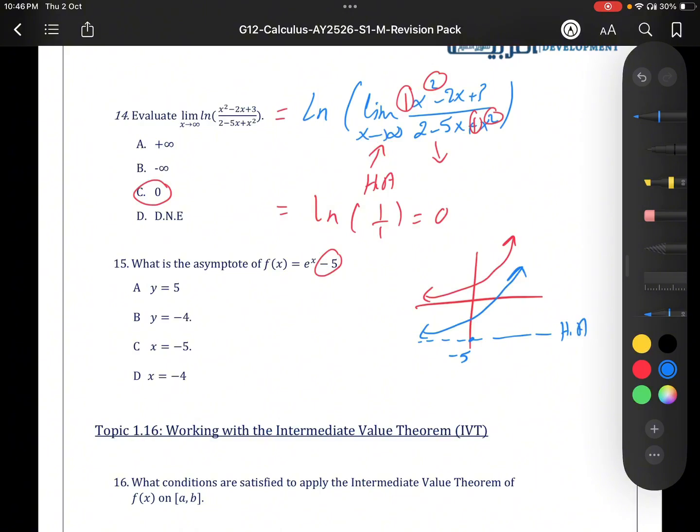And the horizontal asymptote equation is y equal negative 5. Shifted down 5 units. So the horizontal asymptote is y equal negative 5.